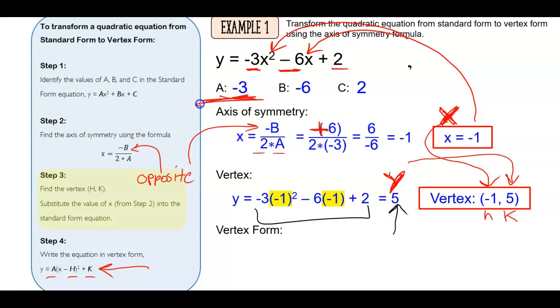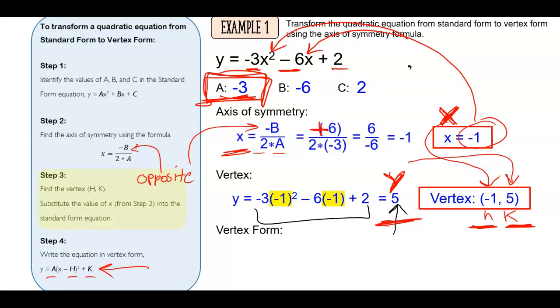A is what? Does everyone see it up top? -3. What's my H value, the X value I got over here? -1. And then I plugged it in and I got my Y value. What's my K value? 5. So I know A is -3, H is -1, K is 5.